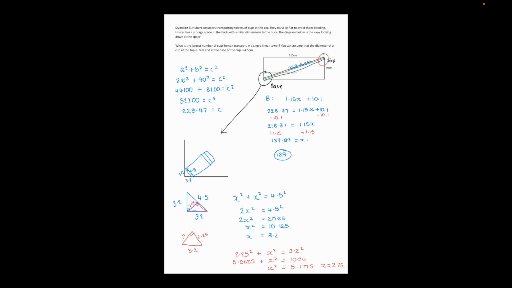We can't be entirely precise, but we can do our best and talk about the approximations that we've made and what we've done. You're going to get something around 184 cups as your final answer. It could be around there, and so long as you've justified why, that would be fine.